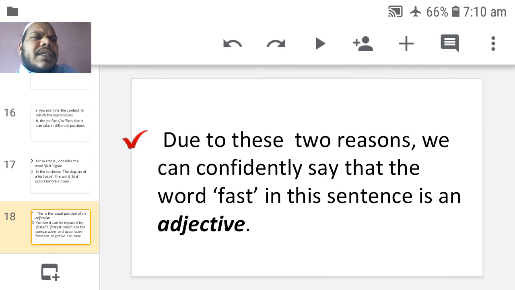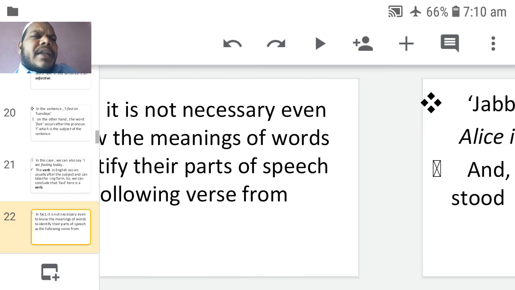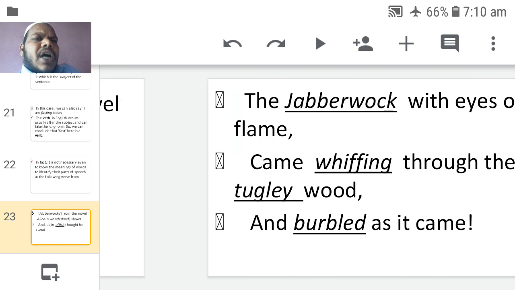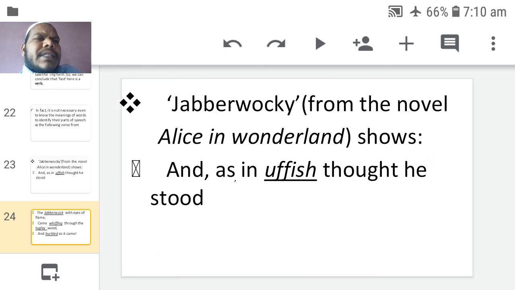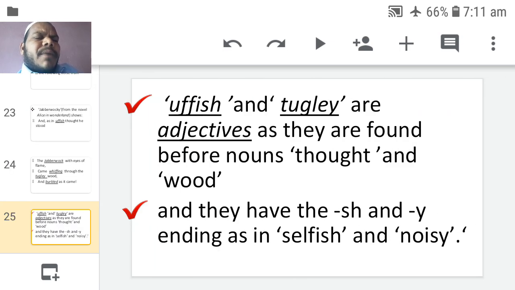And we have seen how we can come to a conclusion without knowing the meaning of a word, as in Jabberwocky from the novel Alice in Wonderland, where we have seen a fish thought, toogly wood as an adjective, Jabberwock as a noun, burbled and whiffing, by seeing ing and ed as verb forms, we come to the conclusion they are verbs.